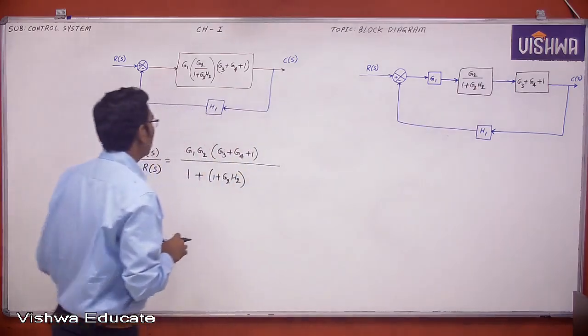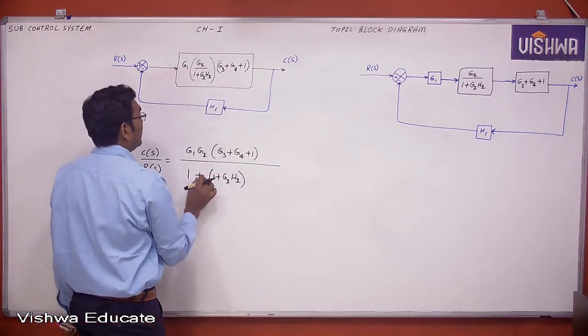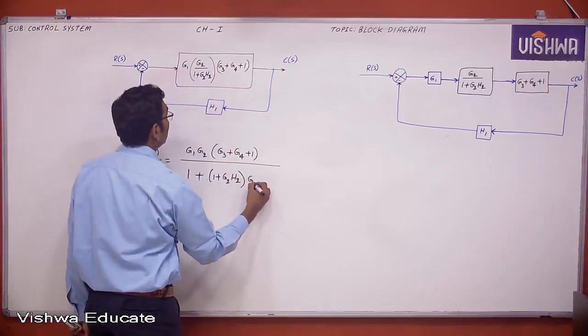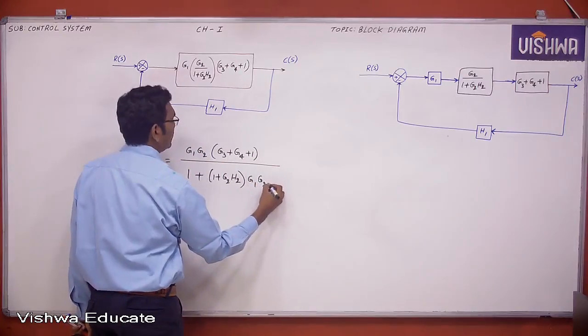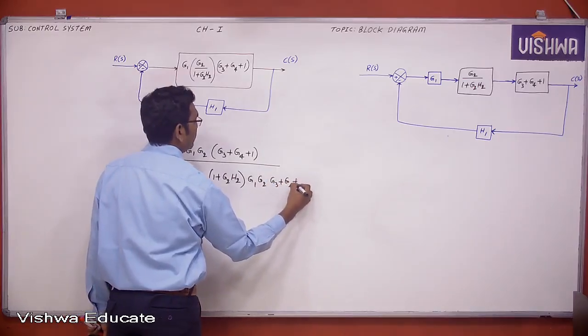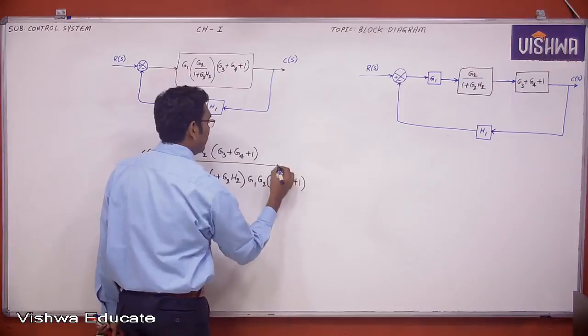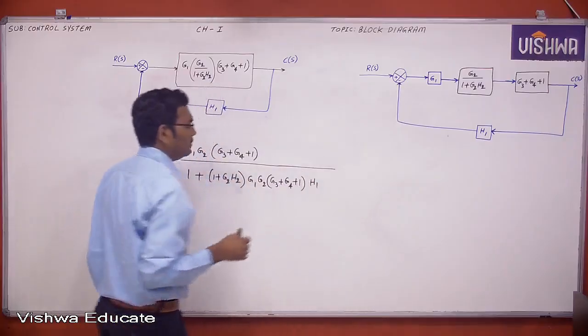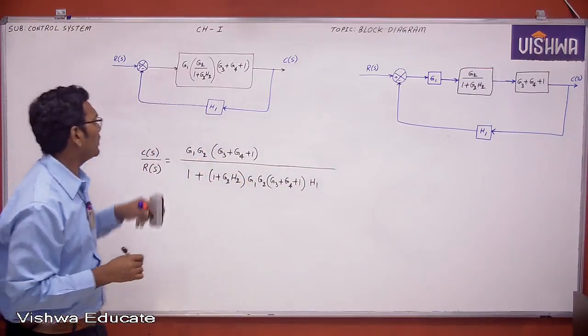That's it. So 1 plus, and this one into the numerator G1 G2 into G3 plus G4 plus 1 into this feedback path. This is a shortcut method directly. Even if you simplify, you can get the same answer.